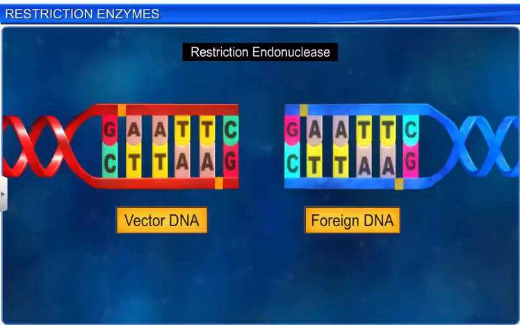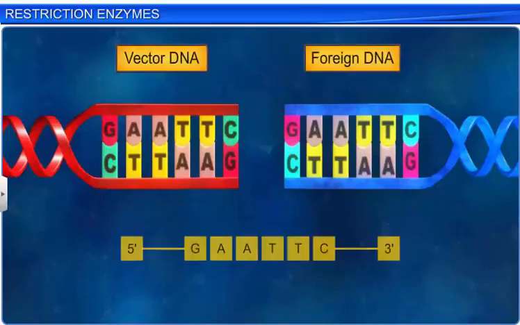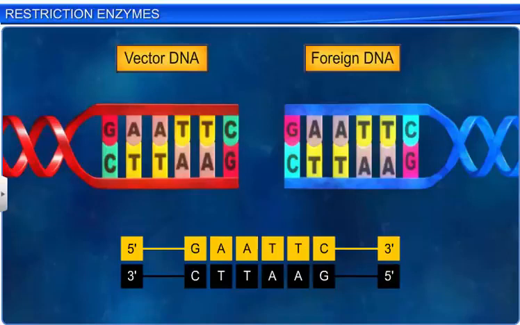Restriction endonuclease plays a crucial role in the construction of the recombinant DNA molecule. It recognizes a specific recognition sequence, so it binds to the DNA and cuts the double-stranded DNA helix at specific points on its sugar phosphate backbones. The specific recognition sequence actually identifies a palindrome in the DNA. Observe that the following sequence reads the same on the 2 DNA strands in 5' to 3' direction and vice versa.